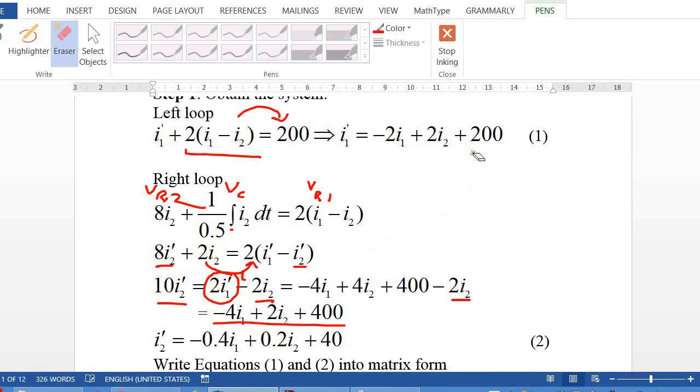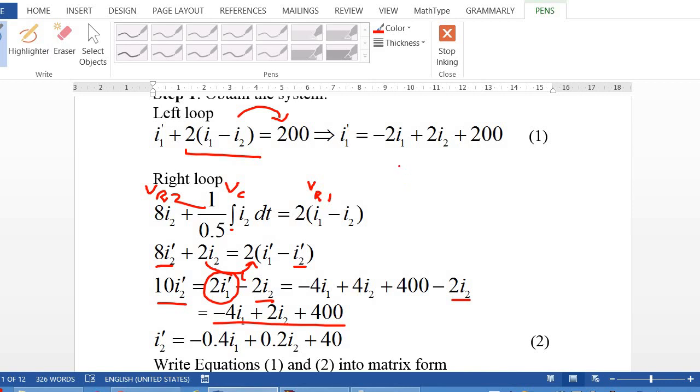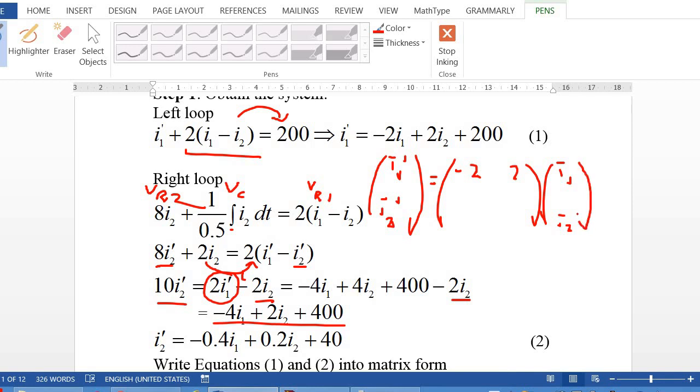If I erase it and put it into matrix form, you will have I1 prime, I2 prime, equal to negative 2, 2 in the first row, multiplied by I1, I2, and then plus 200.